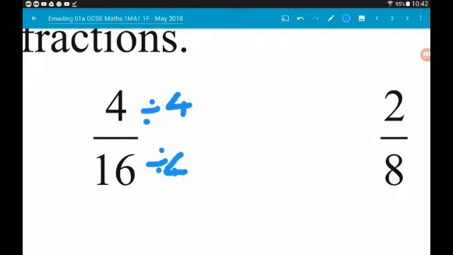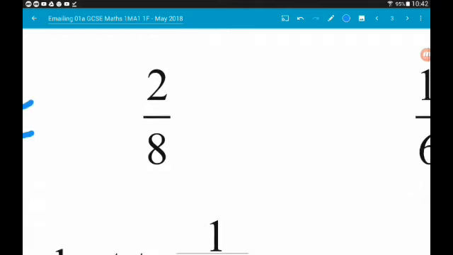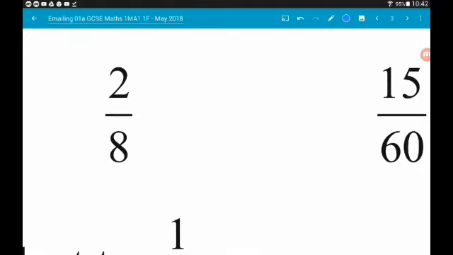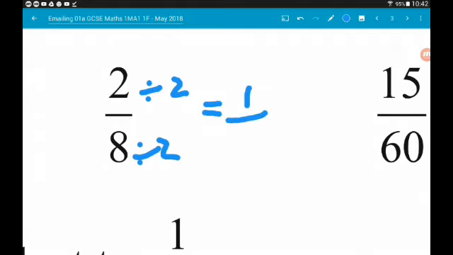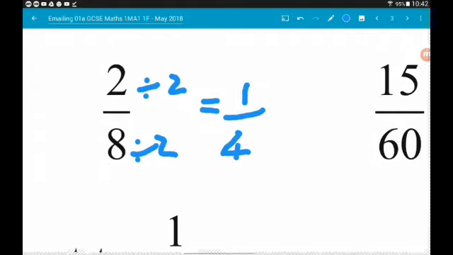If we divide the top and bottom by 4, we do get 1/4. 2/8 has a common factor of 2. So that does simplify down to 1/4.